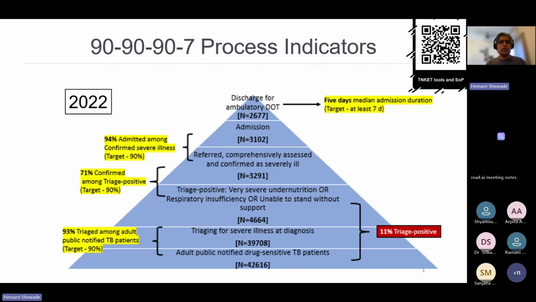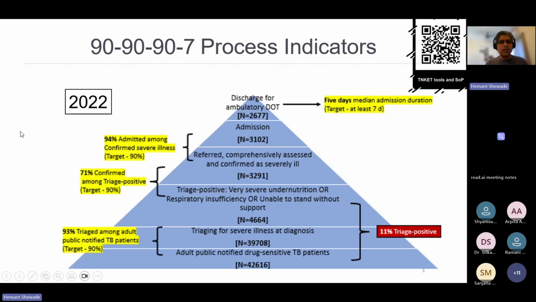Of those who were triage positive, 71% were referred, comprehensively assessed, and confirmed as severely ill. Of those confirmed as severely ill, 94% were admitted. And of those admitted, the average admission duration was 5. So against 90, 90, 97, the state achieved 93, 71, 94, and 5.